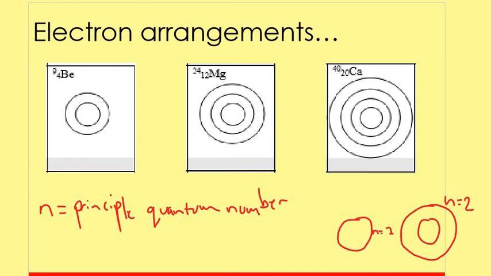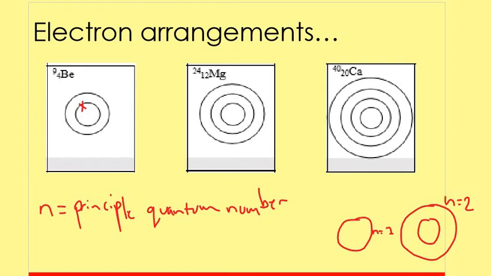Now, I'm going to give you a little bit of extra information that you may not have been told at GCSE. We should be familiar that electrons fill from the lowest energy level upwards. So in beryllium, for example, we would have 2 electrons on the n equals 1, or the first energy level. Now, what you need to know is that electrons fill energy levels singly until the energy level is more than half full.